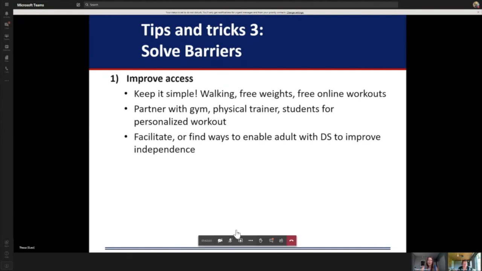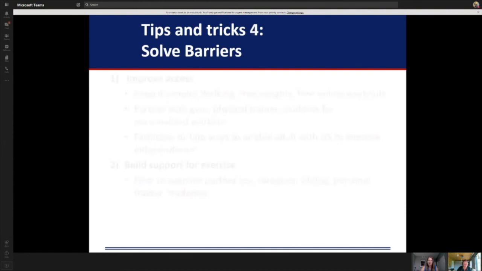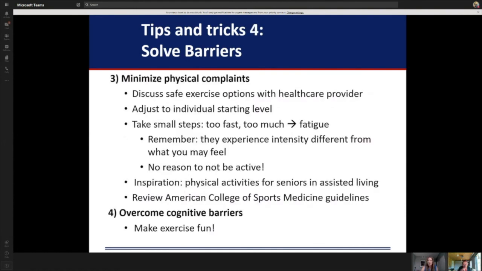And then find ways to enable adults with learning disabilities or Down syndrome to improve their own independence, to then start engaging in physical activities. Finding a partner, minimizing physical complaints. I think one of the main key things here is to take small steps. So don't go too fast, too much, because you only elicit fatigue, and that's going to really be in the way of doing it again.